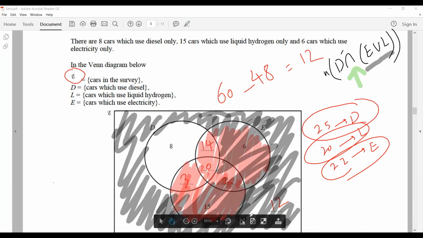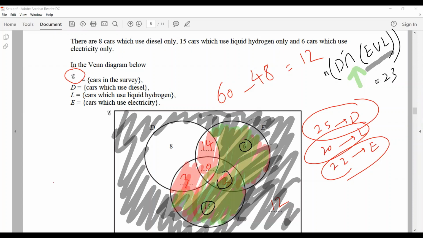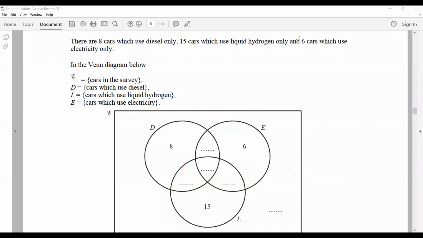Now, where these two colored regions overlap, that is this region, which I'm going to color in green, meaning the numbers 6, 15, and 2. Can you see those numbers? 6, 15, and 2, which add up to 23, right? So the answer to this is 23. I think that's the last part of this question.